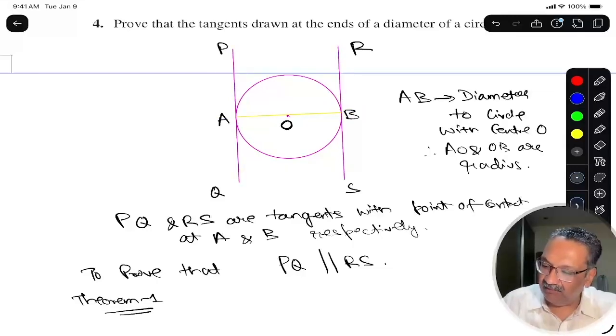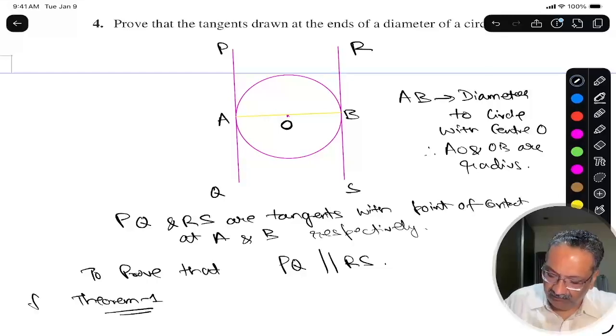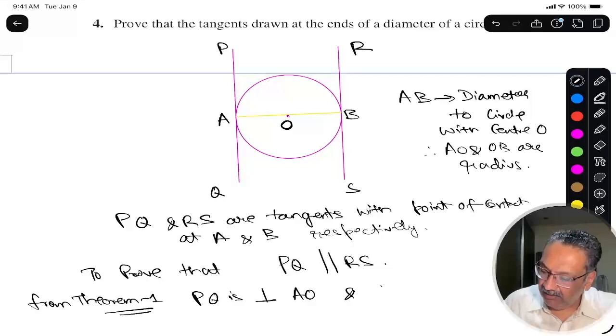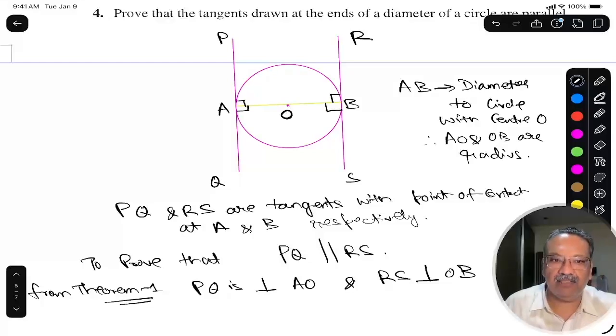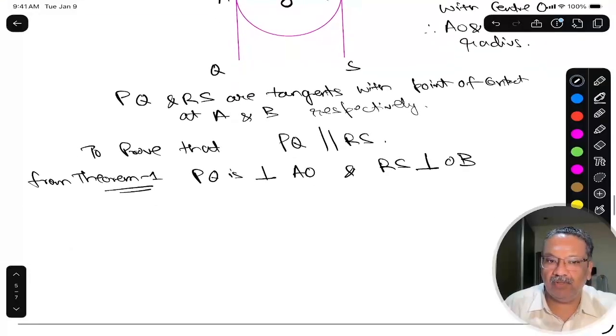So from theorem 1 we have PQ perpendicular to AO and RS perpendicular to OB. So we have this angle as 90 degrees, this angle 90 degrees, this also 90 degrees, and this also 90 degrees.